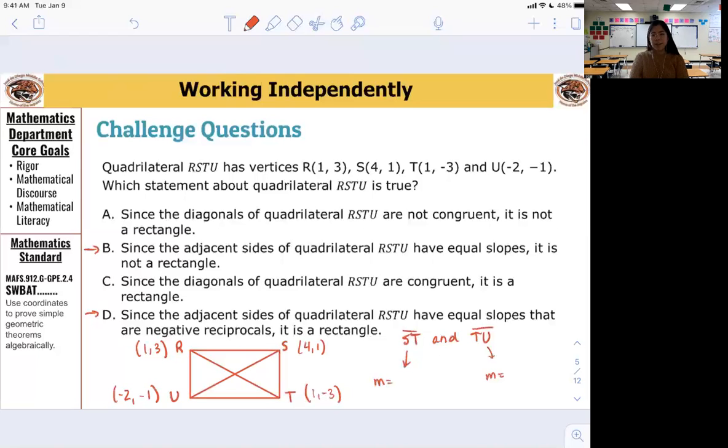Emily, what numbers should I plug in to find the slope of ST? -3 minus 1 over 1 minus 4. Good. Tyrone, what is -3 minus 1?